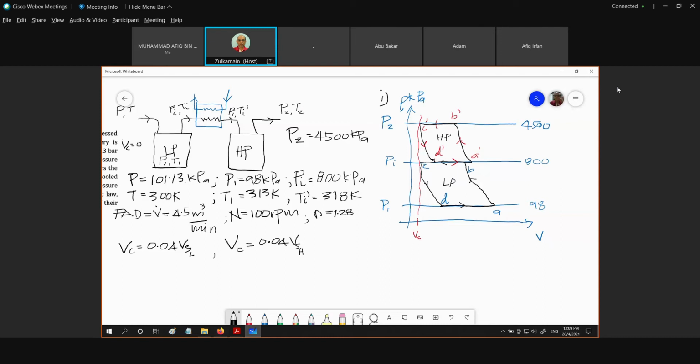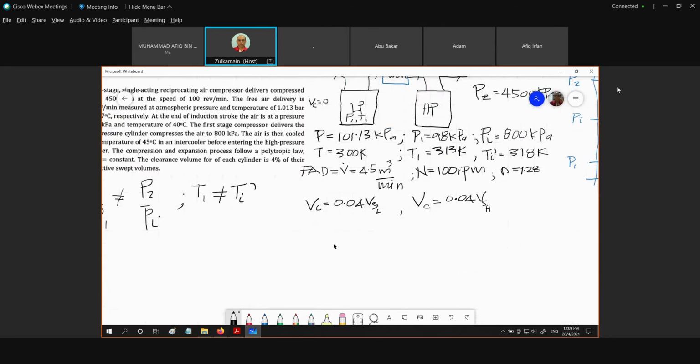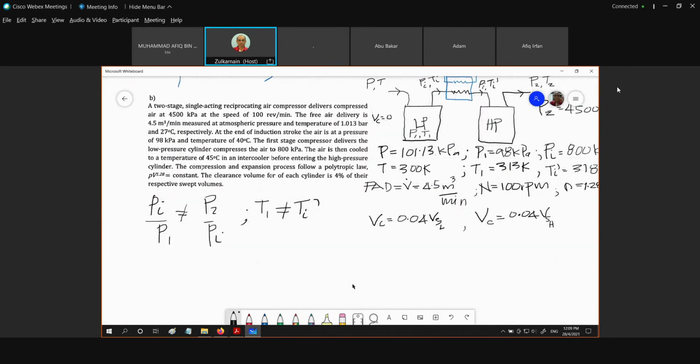Okay, VSH. So in order to get the low pressure swept volume, we need to know our VA minus VD. Okay, VA minus VD. So this is number 2.